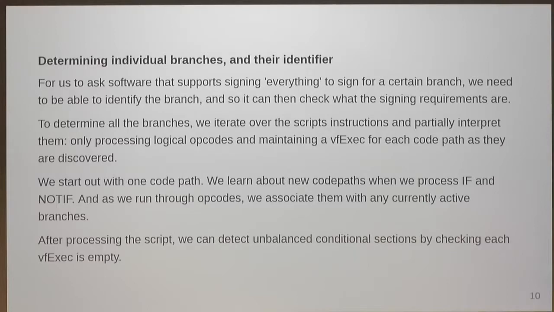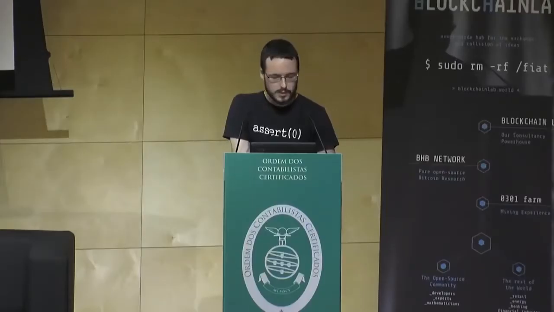So every time we have an if and not if, we end up with more code paths because there's a new conditional section. Opcodes may or may not be associated with that, and pretty much we just proceed over the whole script. We associate all the opcodes with each code path.